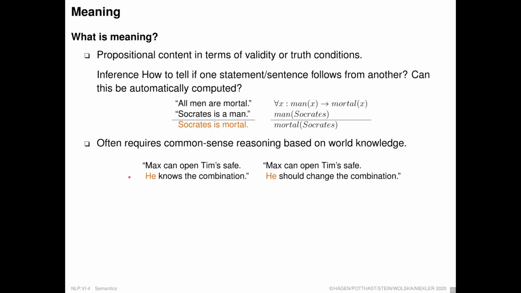So for instance, here, Max can open Tim's safe, he knows the combination, versus Max can open Tim's safe, he should change the combination. In one case, he refers to Max.